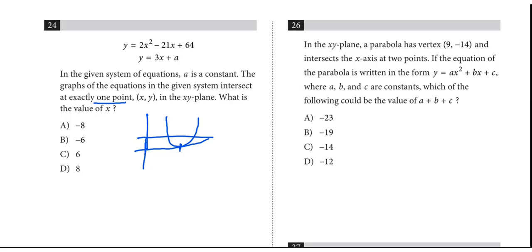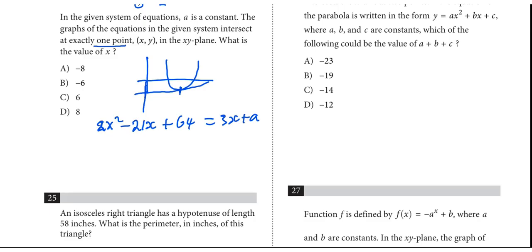First of all, because y is equal to this and y is equal to this, let's set both of them equal to each other. So this will become 2x squared minus 21x plus 64 is equal to 3x plus a.